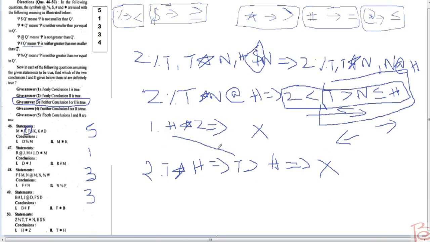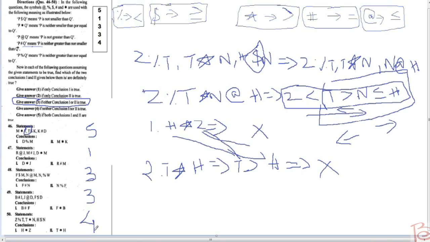And it is not between the similar term. H is here, but the other term is z and t, so we don't have to worry about the third option, that is if either conclusion 1 or 2 is true. Both are wrong, so you can put the answer as number 4. Okay, so this is how you do a coded inequality question in the conventional method.